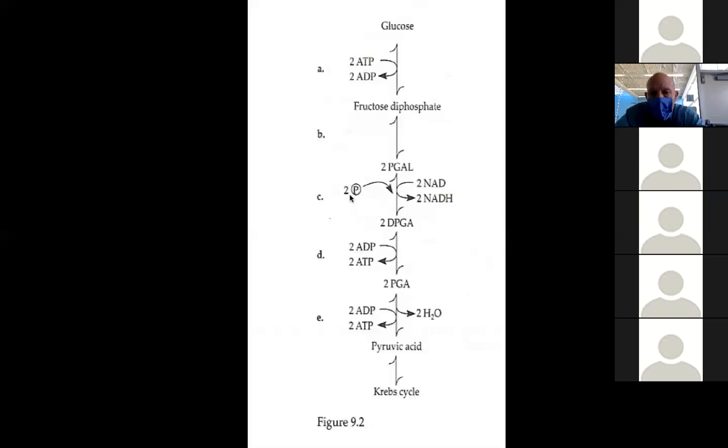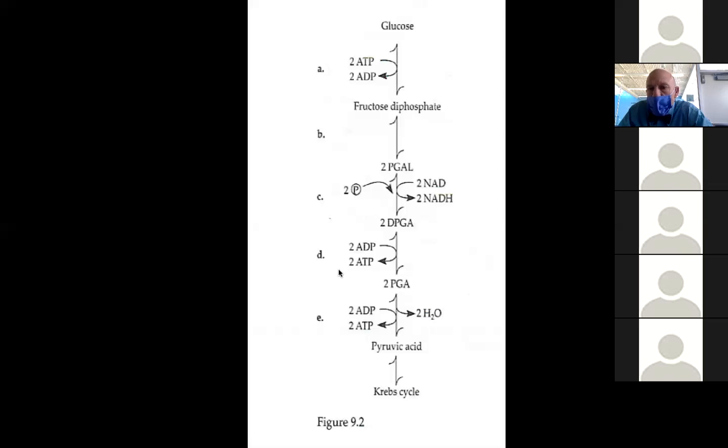Here, I'm literally adding inorganic phosphates that were floating around in my cytoplasm. That throws a lot of people. This reaction is so exergonic that it is possible to just add phosphates. So much energy is coming out of this that I can add a couple of phosphates to this molecule. They call them inorganic because it's not coming from ATP.